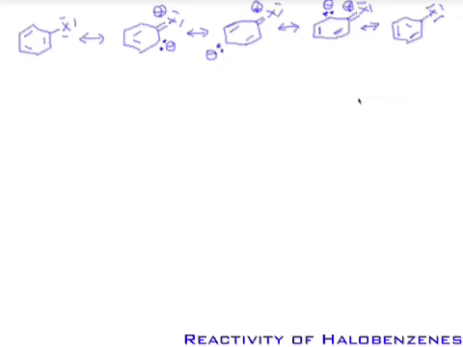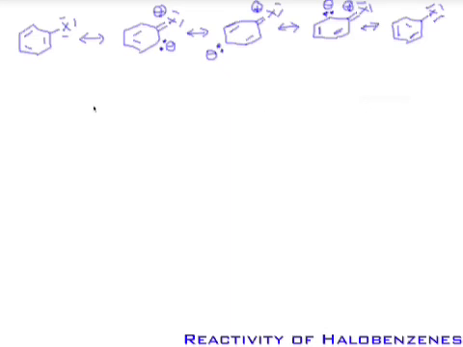The side-to-side overlap of the 2p, 3p, 4p, 5p orbitals of fluorine, chlorine, bromine, and iodine is less efficient due to electronegativity. Remember, fluorine's the most electronegative of atoms. And if electronegativity wins out, more electron density is removed than donated by resonance.